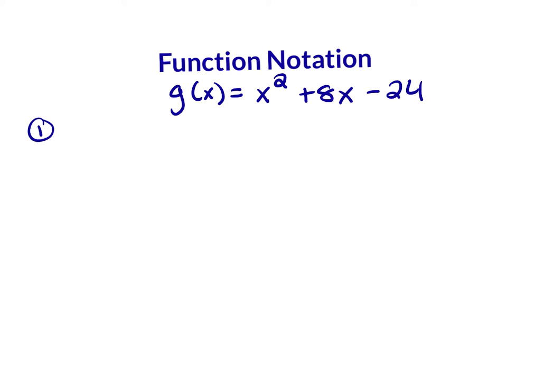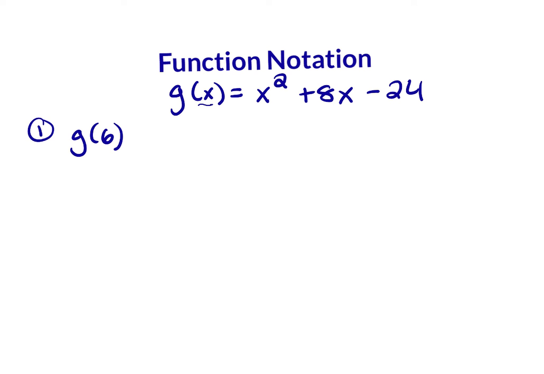All right, now reviewing function notation. I'm going to do 3 examples all using the same function. The function is g of x equals x squared plus 8x minus 24. Example 1: find g of 6.